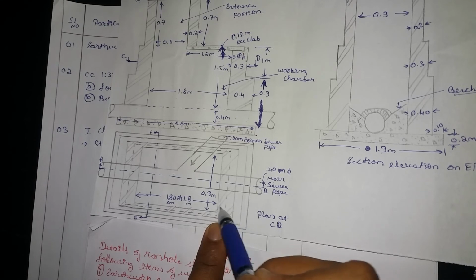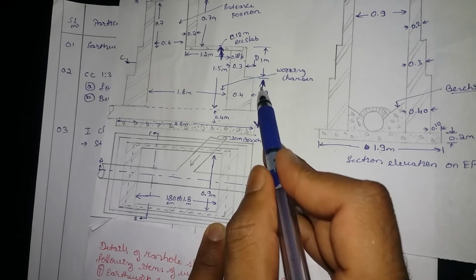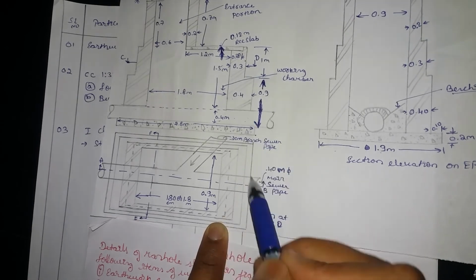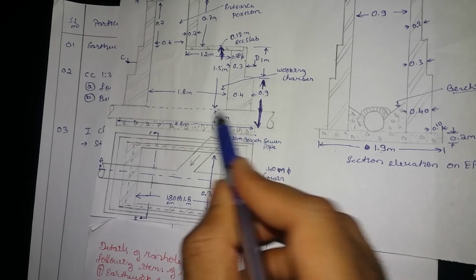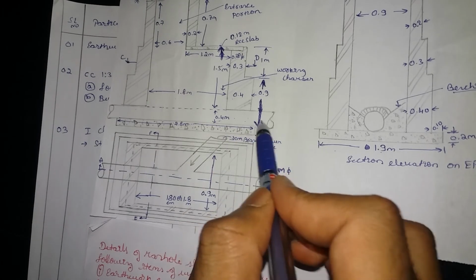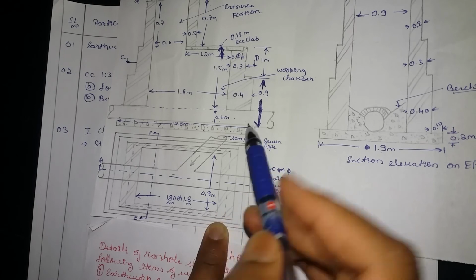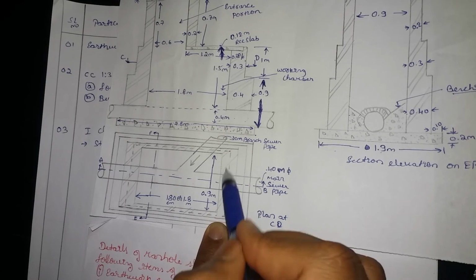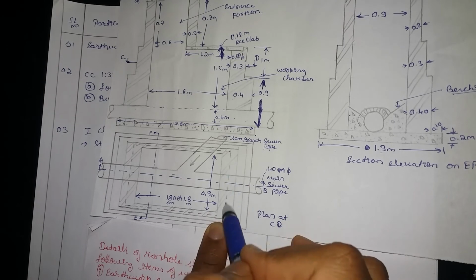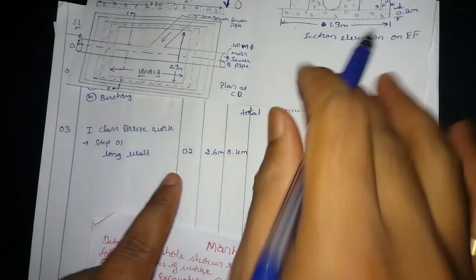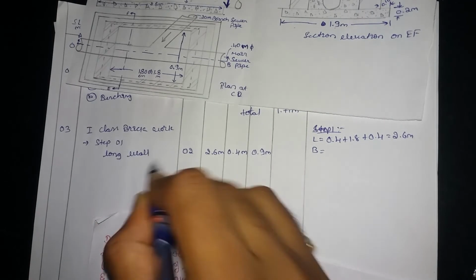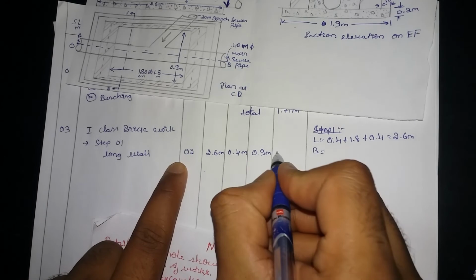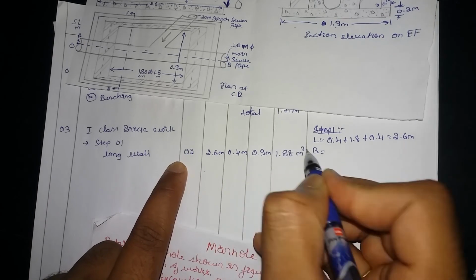So in order to get that brickwork, we'll consider 0.9 from here to here as the depth of step 1. So if you calculate all this, 2 into 2.6 into 0.4 into 0.9, you will get around 1.88 meter cube. Is it understood?